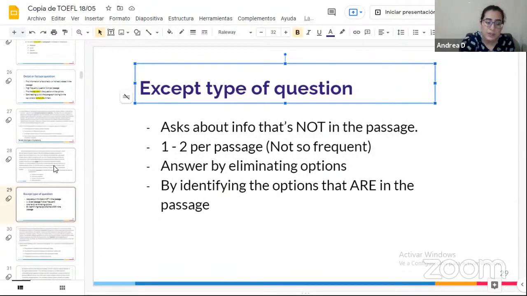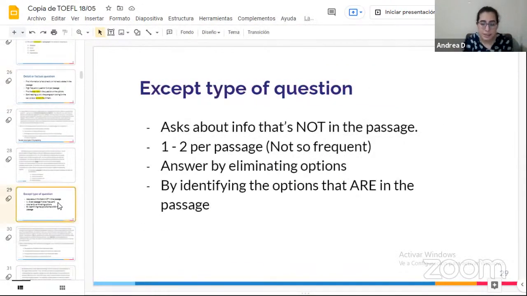We're going to continue using the same example, the one from the ETS website, so you're not going to be so lost. Now, this question is pretty similar to the detailed question. They're asking for detailed information, usually directly stated in the passage.